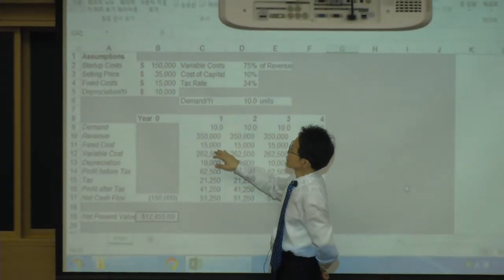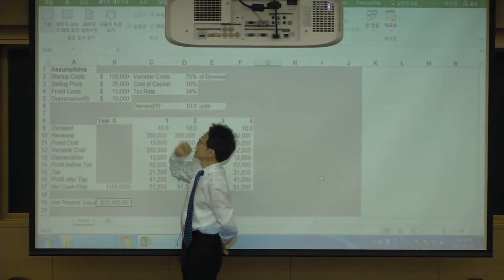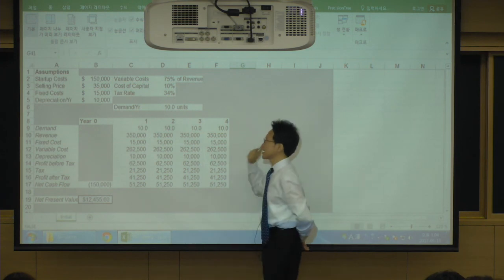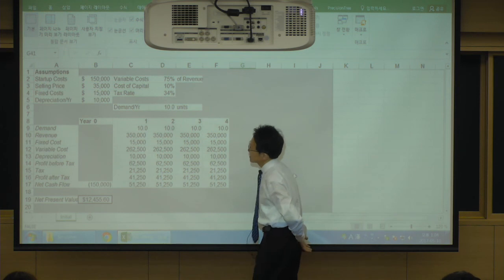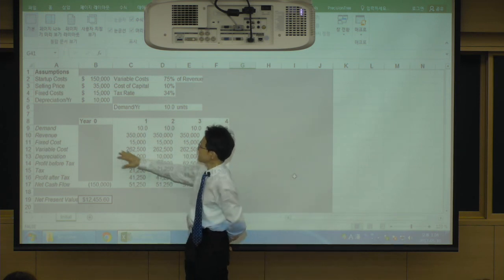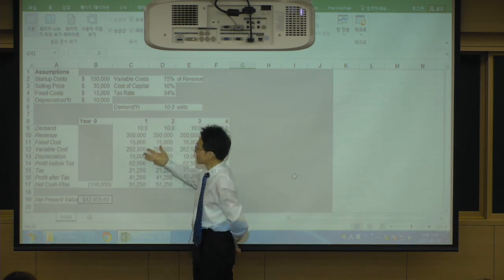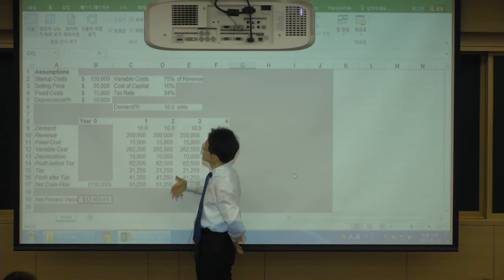Then a fixed cost occurs whether you make the aircraft or not, because fixed cost implies that you have to pay a fixed amount of money if you want to operate your plant. So we have a fixed cost, and variable cost is by definition variable, depending on how many units you make.